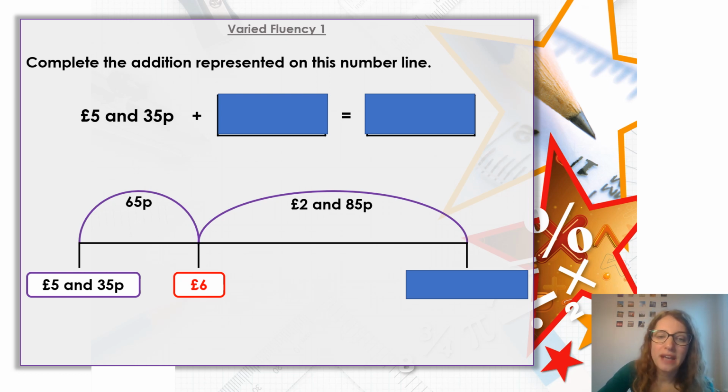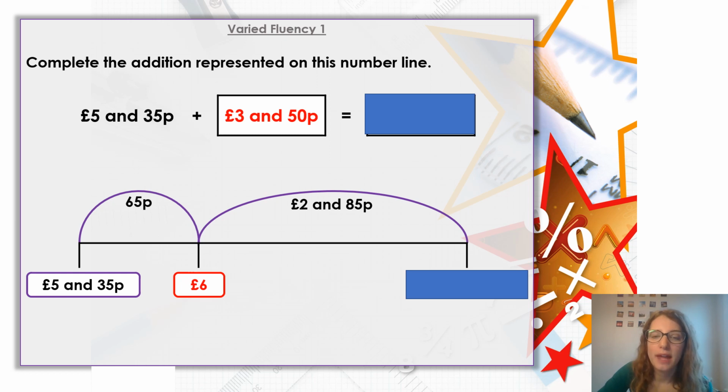Okay, I'm now adding to my £6 £2 and 85p. Okay, so have a think. How much have I added in total here in my 2 jumps, and what would the total amount be? Okay, so we've got 65p, add £2.85, which is £3.50.